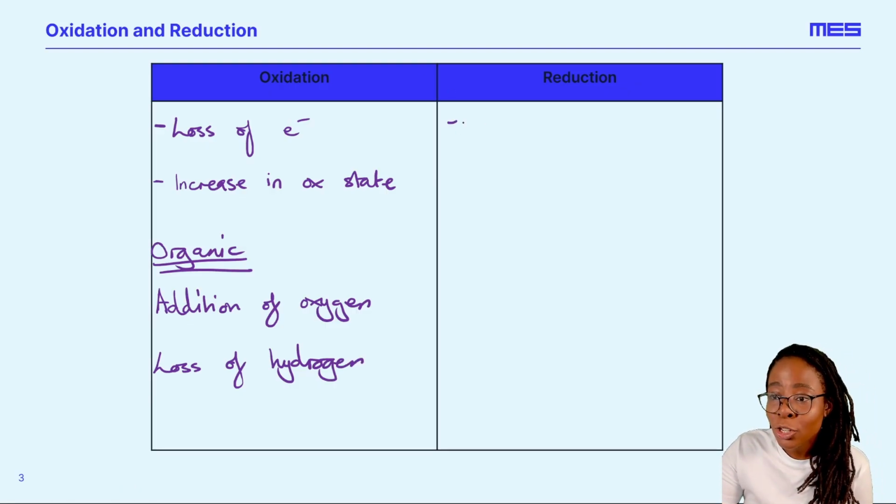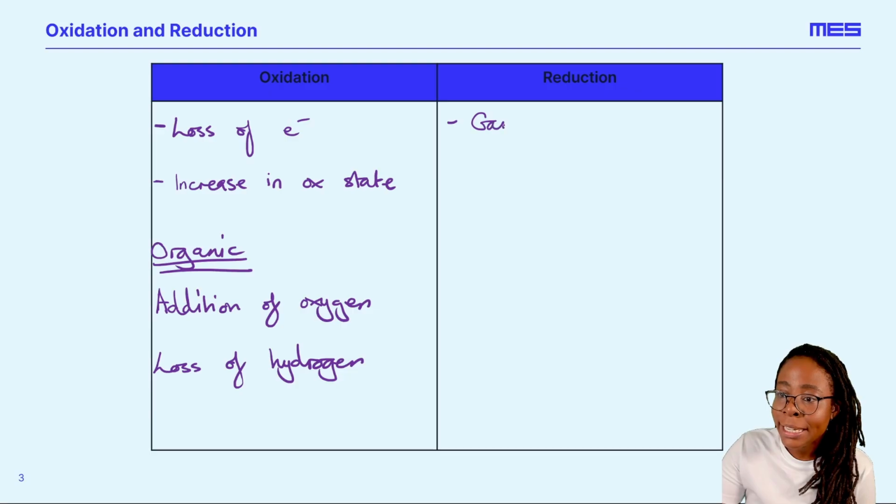For reduction, it's the opposite. Reduction is the gain of electrons. It is the decrease or reduction, duh, in oxidation state.